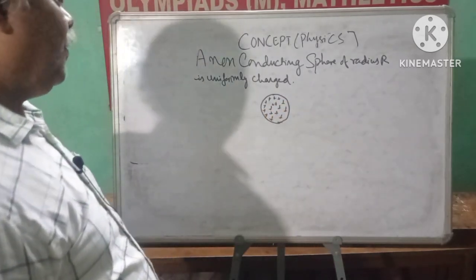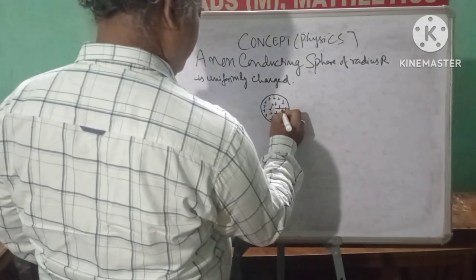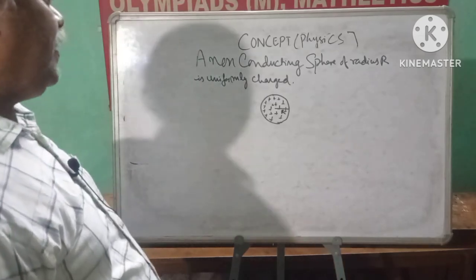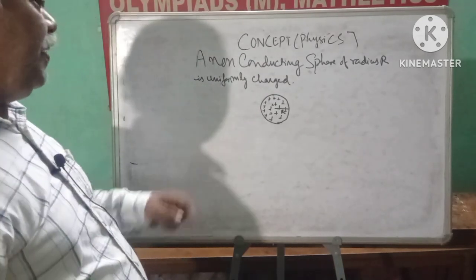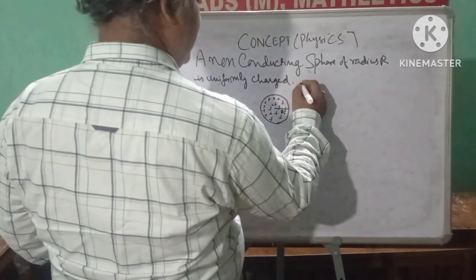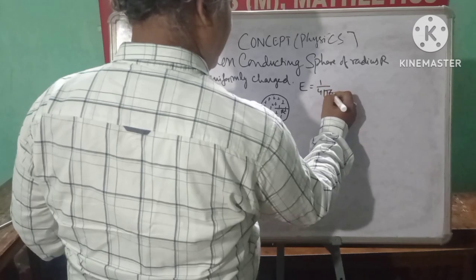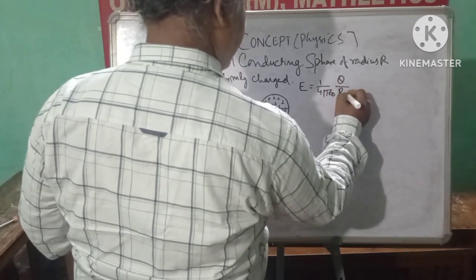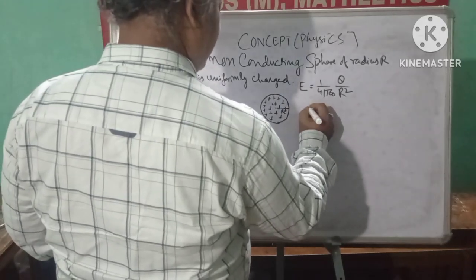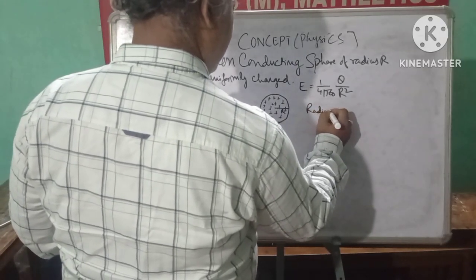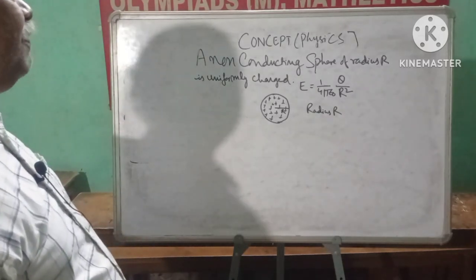Now we have to find out the variation of the electric field with radius r. The electric field is 1 by 4 pi epsilon naught q by r square.